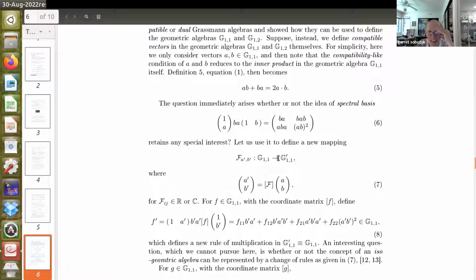The vectors in this geometric algebra prime are exactly the same as the vectors in the geometric algebra G11, but now it's slightly more complicated because I'm not saying that AB squared is an idempotent.